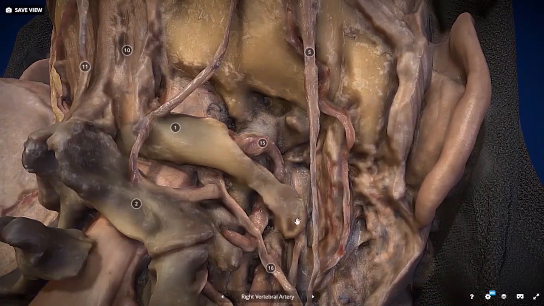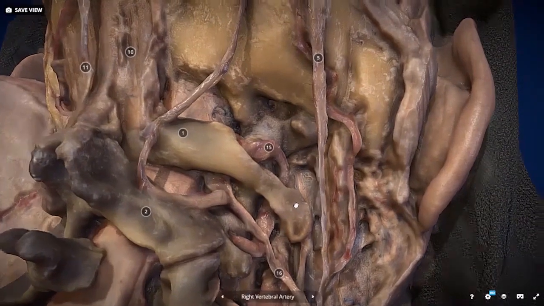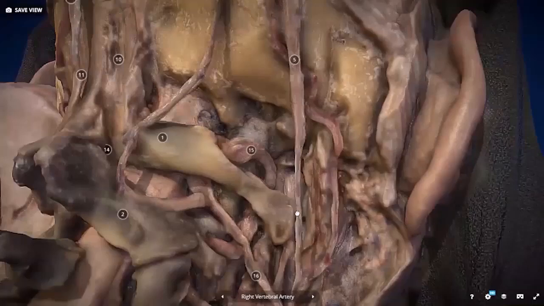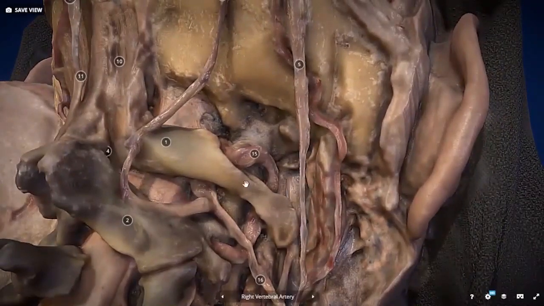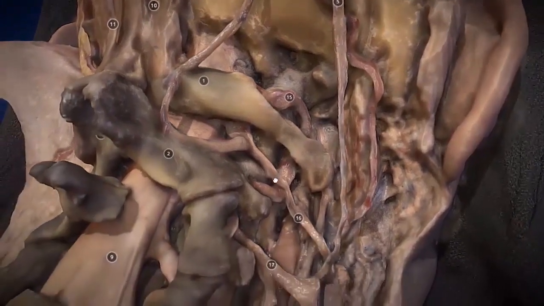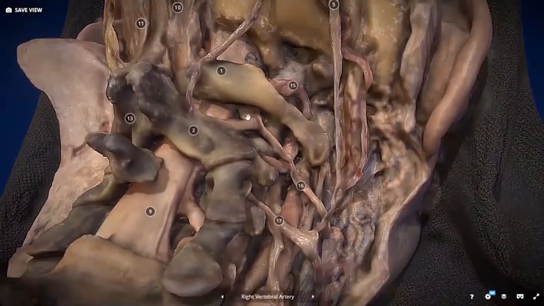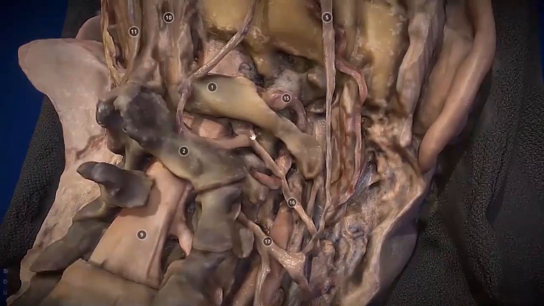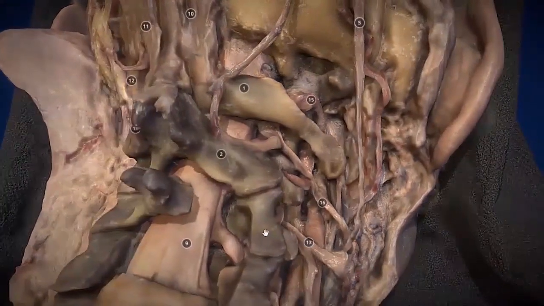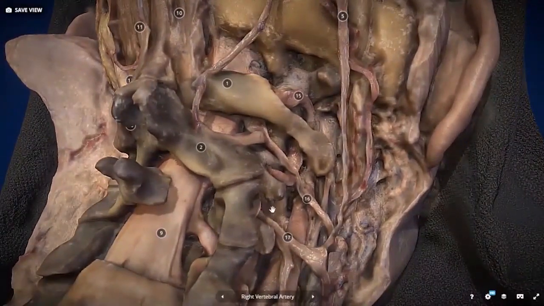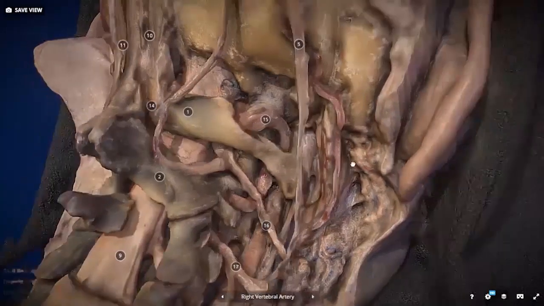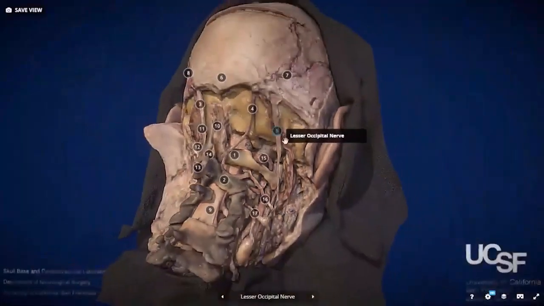Right here, we see the transverse process of C1, and it's going to rest over the sulcus arteriosus. Inferiorly, we see the C2 nerve root, and we can see the C3 and its connections with C2 to form the lesser occipital nerve.